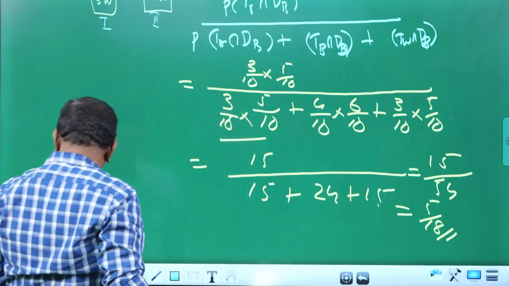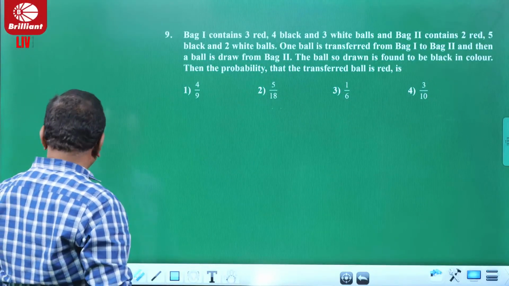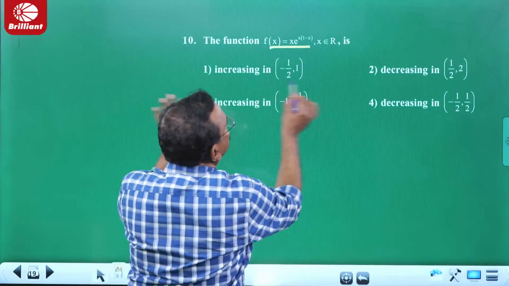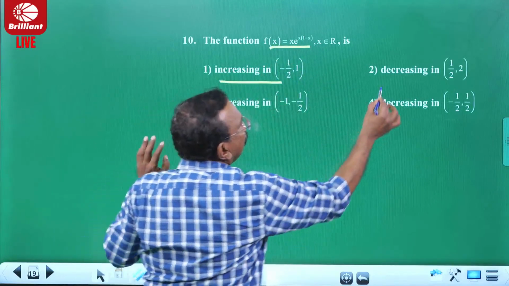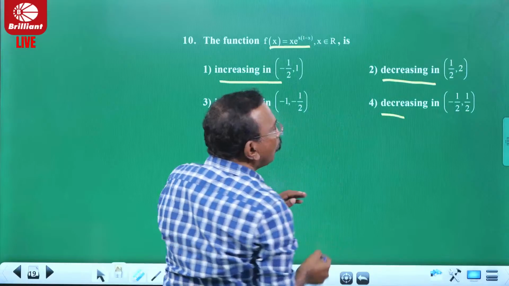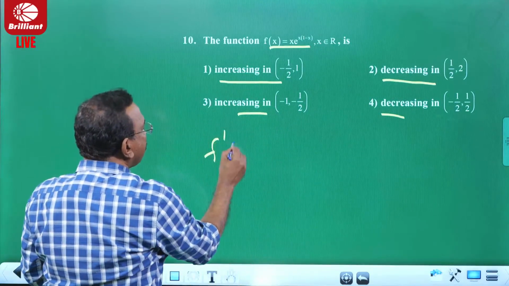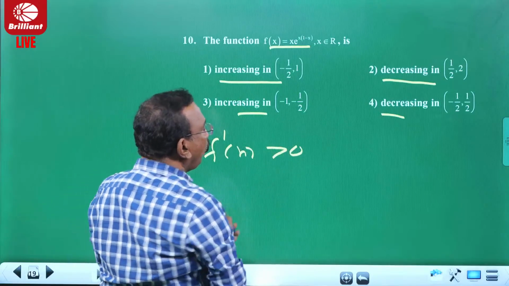Okay. Now we come to the next problem: the function will be increasing in which region? Increasing here, decreasing here, so many of them. So we come back to using the concept of differentiation: f dash x is positive, then only it is increasing.